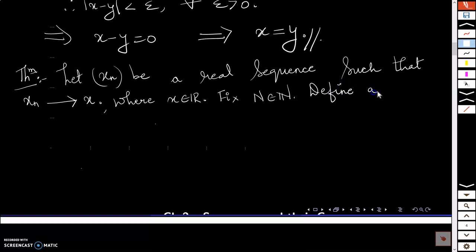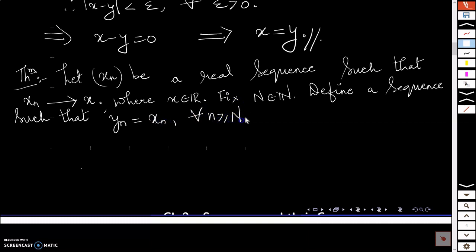So define a sequence yn such that yn is equal to xn for all n which are bigger than or equal to this capital N. Can you understand what is happening here?